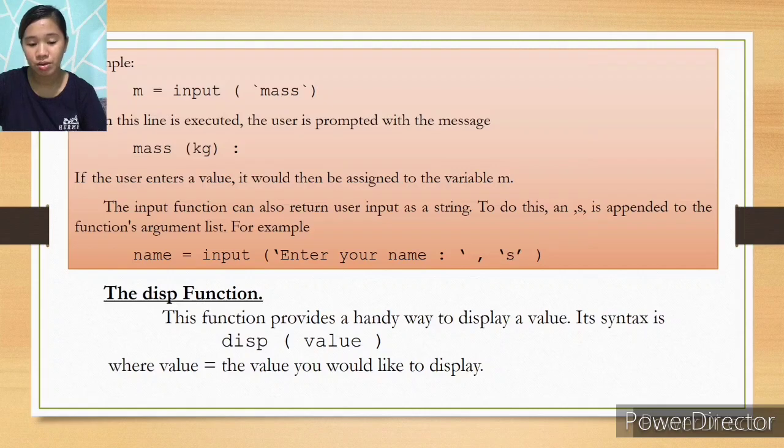For example, name = input('Enter your name: ','s'). The disp function provides a handy way to display a value. Its syntax is disp(value), where value is what you would like to display.